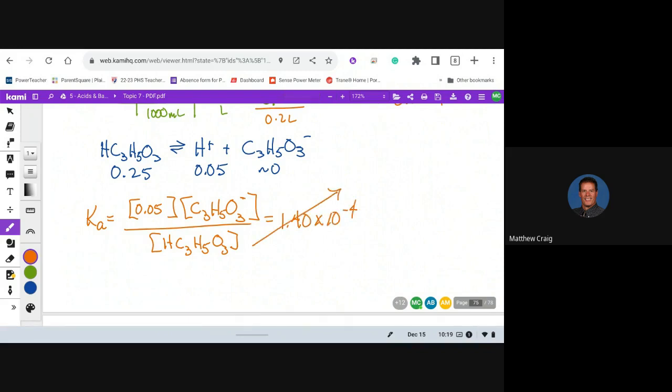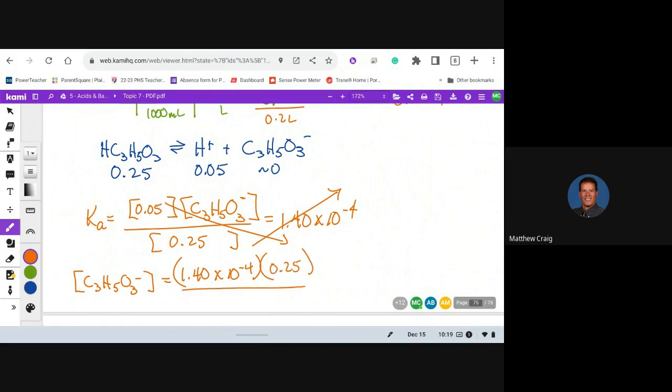So we're going to switch that, and I should have put that value in. Since we already had it, we didn't need to rewrite it. And we'll switch that. So now we've got our C3H5O3. Don't ask me why they asked this. This is just trying to see if you can use the Ka expression. 0.05.